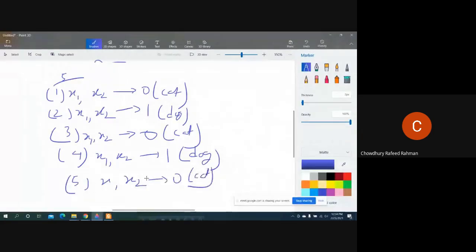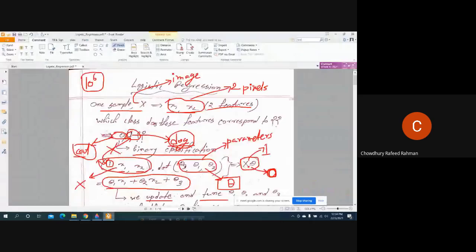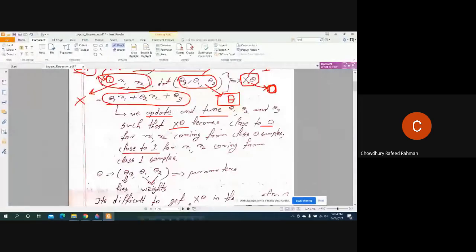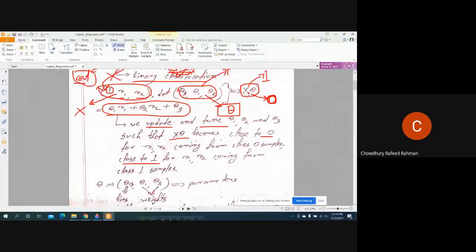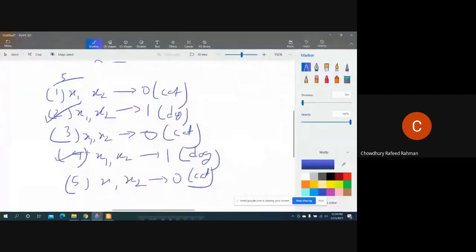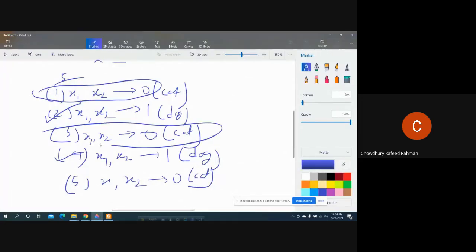Okay, now we have to update the value of these 3 thetas such that this x dot theta becomes close to 1 for these particular samples, and close to 0 for these particular samples.